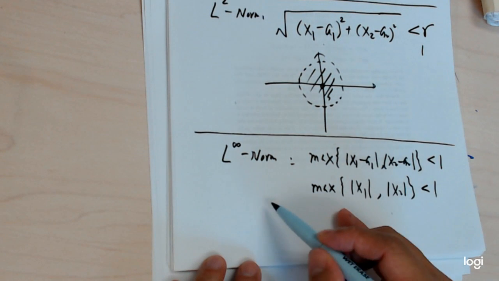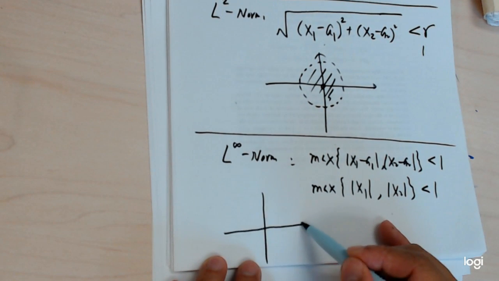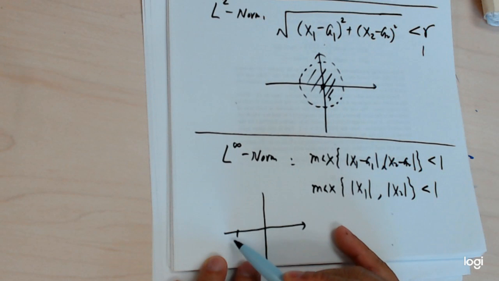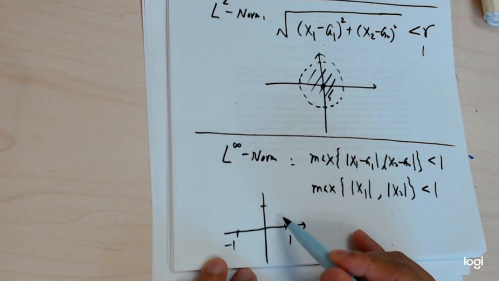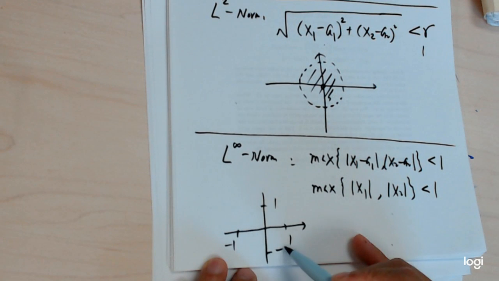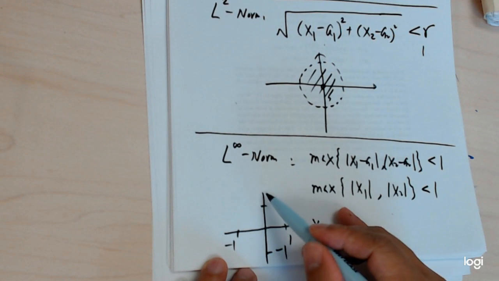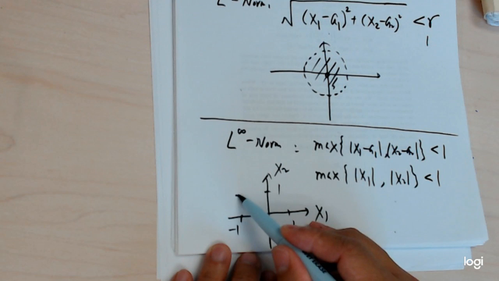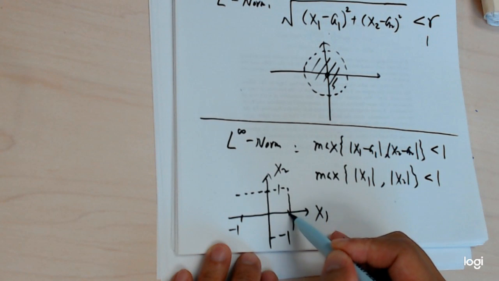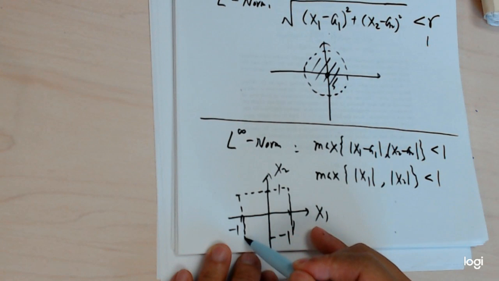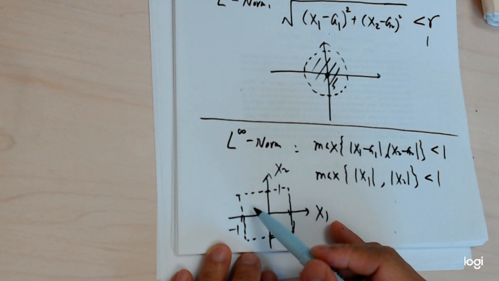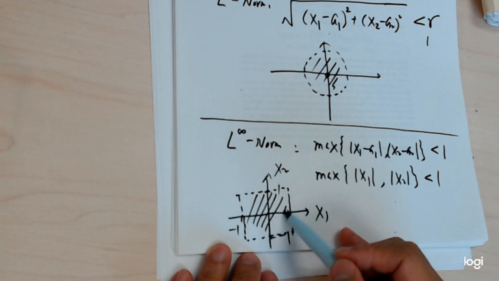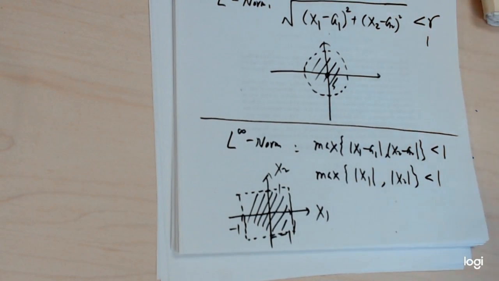You can try to picture what that means. That means x1, x2 are always between -1 and 1. This is x1, this is x2. So the maximum has to be below 1. It turns out this open ball with the L infinity norm is this square here.